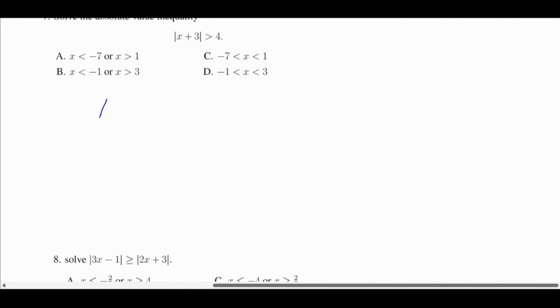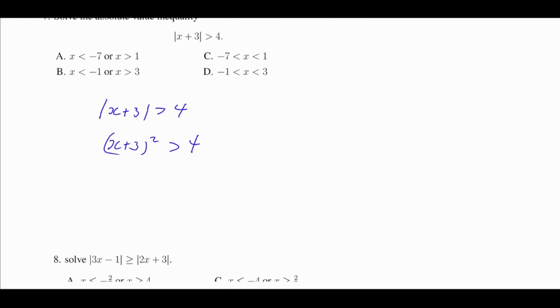Now question 7. Question 7 says we should solve this one. Now we are given absolute value of x plus 3 greater than 4. For absolute values, you can either go through by using the properties, or you just square both sides. So we just square both sides. When I square, I have x plus 3 all squared greater than 4 squared.